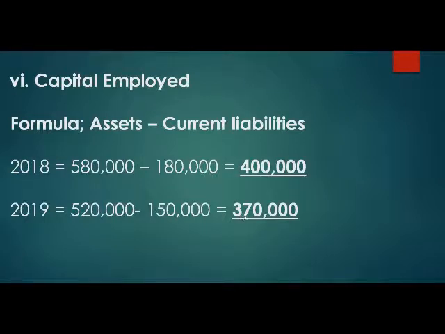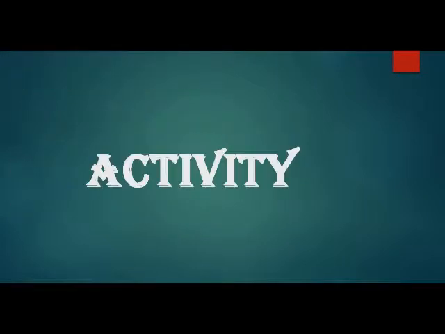You will now arrive at your answer, which is 370,000. So the comment on this particular solution is that there is a decrease in assets because the assets have reduced from 400,000 to 370,000 in 2019. So there is a slight decrease in the value of their assets.